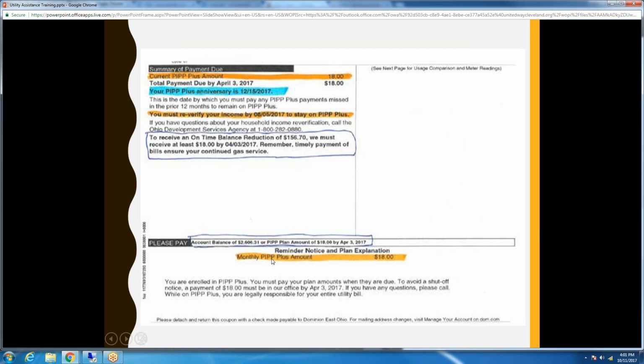So you can see right here their monthly PIP amount, their anniversary is actually right here in blue. And then it tells them when they must re-verify by, which was 8/05/2017. So all this information is on their bill for them.